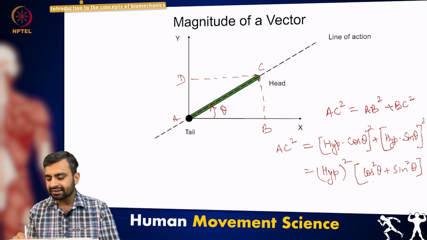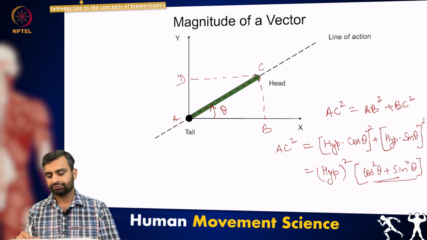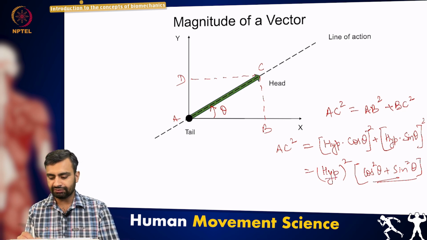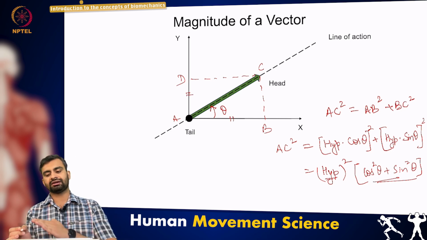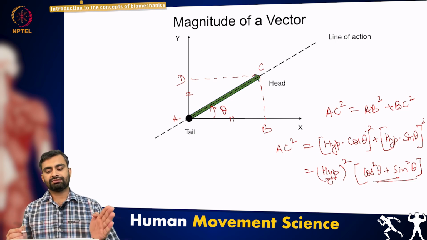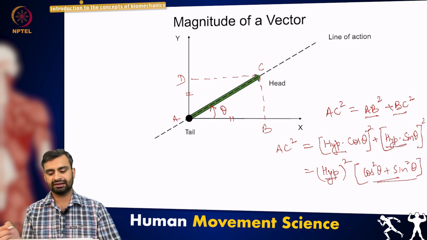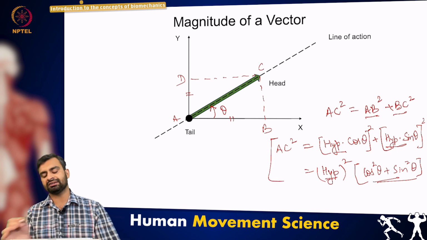In trigonometry, this identity is equal to 1. So we can also calculate the value of hypotenuse in terms of its components. If the components of the vector are given, we can calculate the hypotenuse, or the other way around.